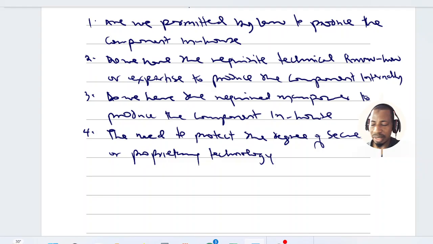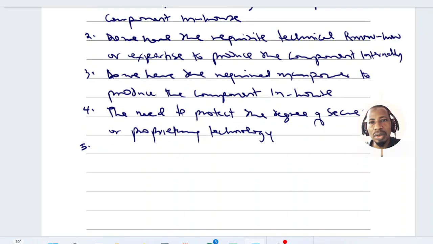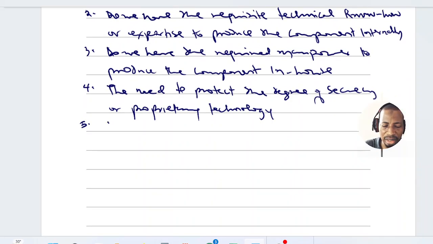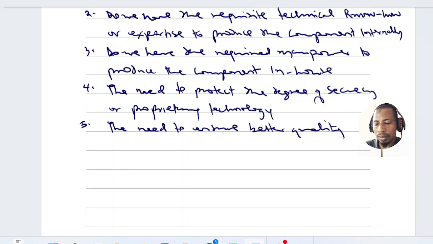Then number five, another factor that the company may need to consider is the need to ensure better quality control of the products.